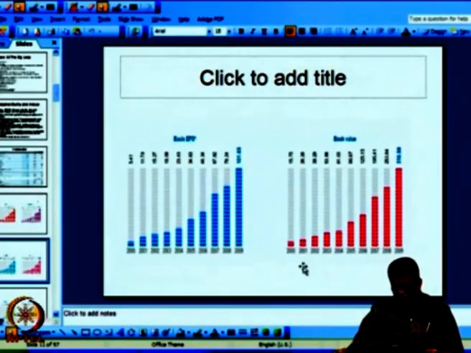What about the book value per share in the books of the company? Again it has recorded a healthy increase. It has gone up by 310%.